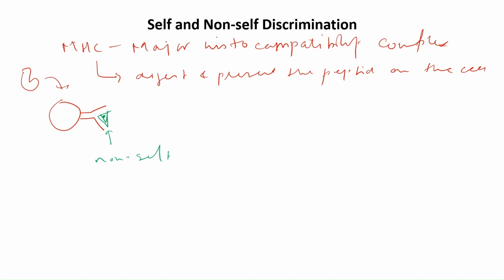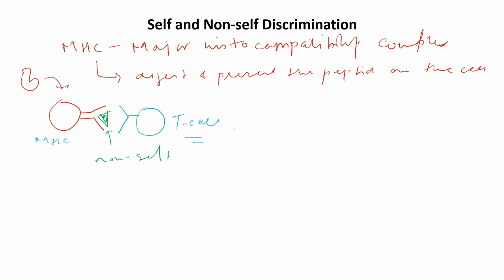So this non-self particle or peptide will then be recognized by the T cell receptor present on the surface of the T cell. So that's how any foreign particles, or any self particles that need to be damaged, are presented by the MHC molecule and get recognized by T cells.